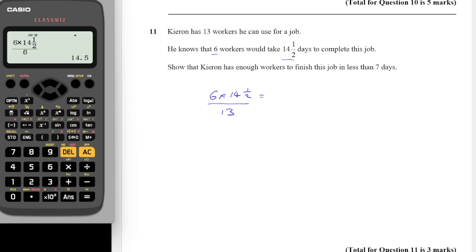So it should take 6.6923... days to complete.